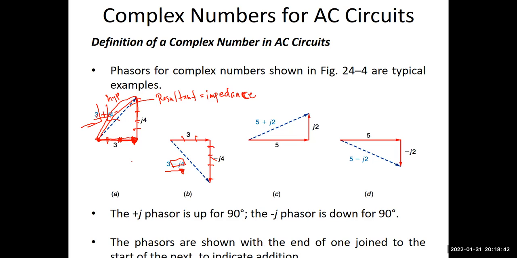So 1, 2, 3, 4. Okay. And then we join them by head to tail. Okay, so this is head, tail. And then joining them with an imaginary line, which will now be your resultant, or your impedance Z.